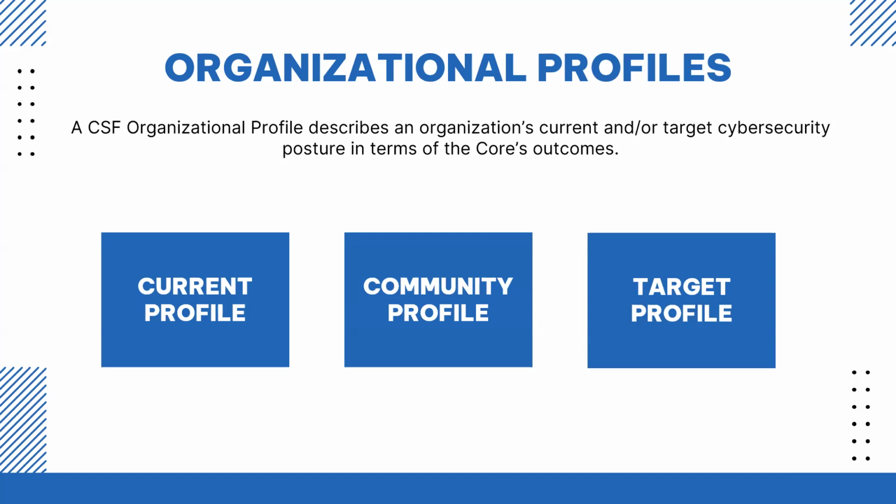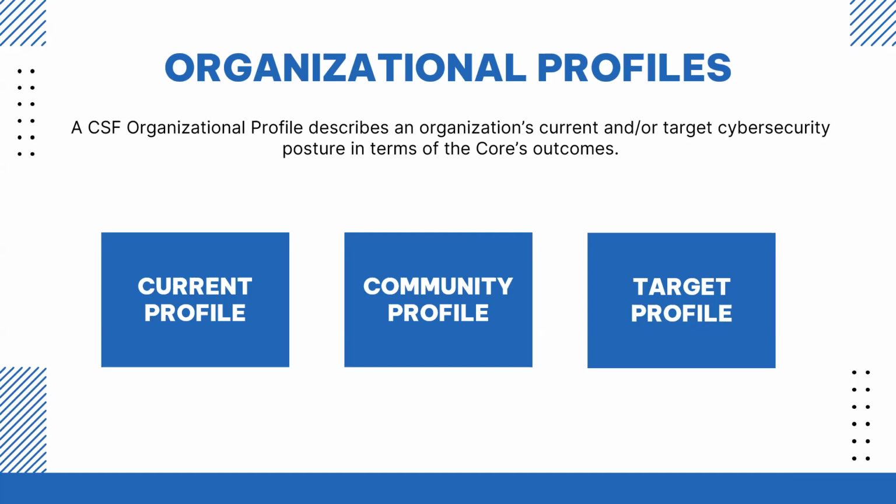The current profile shows what outcomes the organization is currently meeting and how well they are being achieved. A target profile outlines the desired outcomes the organization aims to achieve in the future, that is, their target state. And newly, community profiles have been launched. These profiles help organizations prioritize actions and communicate their cybersecurity status to the stakeholders.